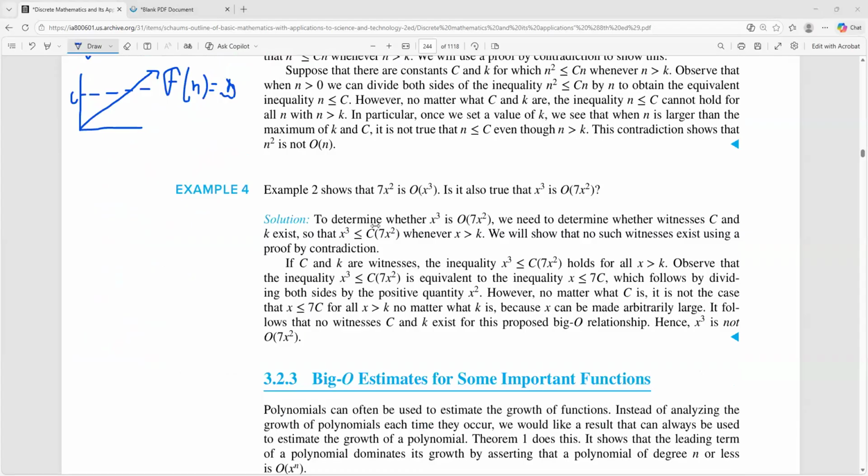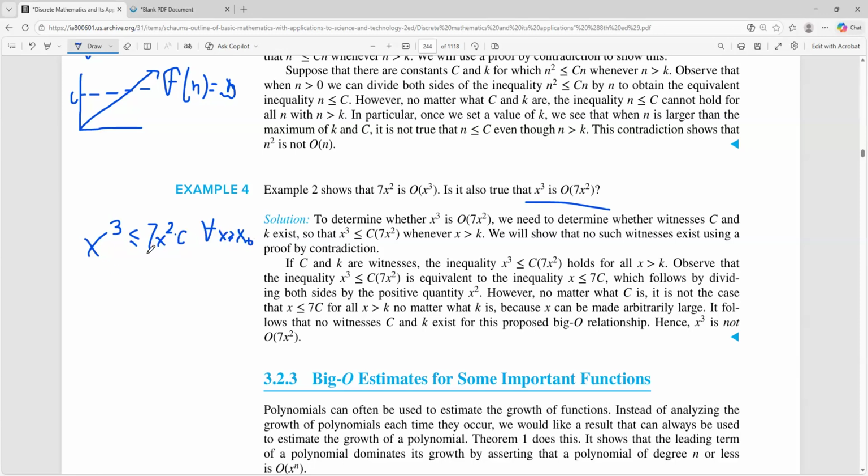We want to show that this is not true. So once again, let's assume it is. This means that x cubed is less than or equal to 7x squared times some constant for all x greater than or equal to some x0.